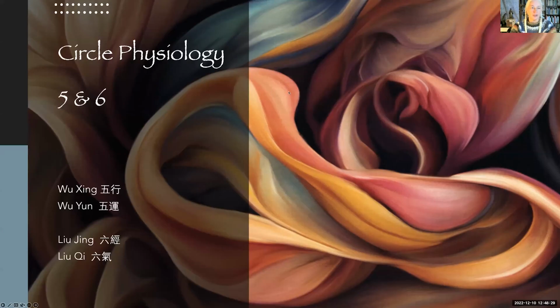Okay, so when we're talking about circle physiology, as we've seen from the previous lessons in yin yang and yin yang turning into 3 and opening up into 4, these all relate to circular movements. And as we go up in numbers, we'll see that that doesn't change at all.